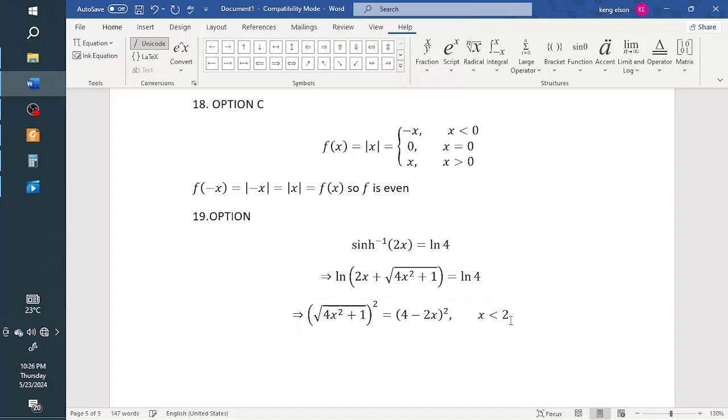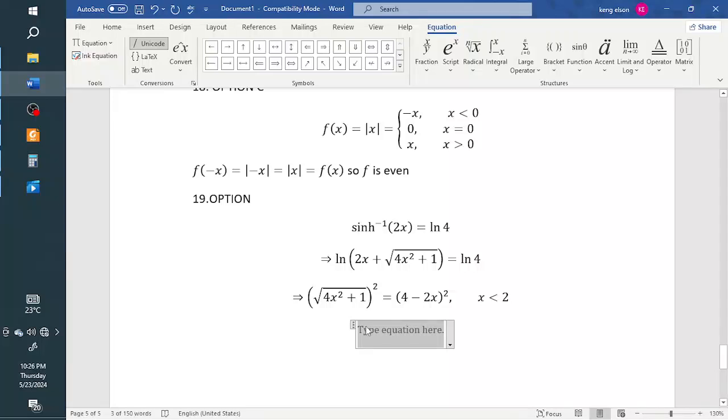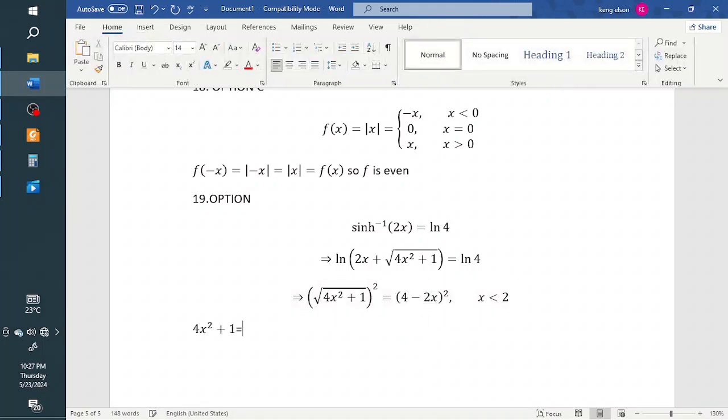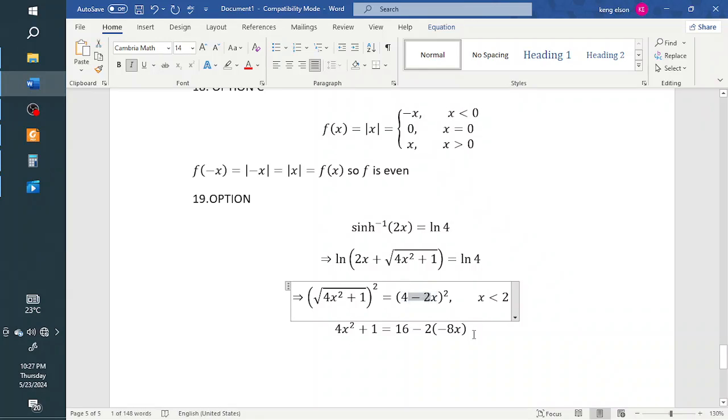Alright, now let us square. When I square the square root, I just have 4x squared plus 1. If I square the other side, I square 4 to have 16. I will multiply 4 and negative 2 two times, so I'll have 2 times negative 8x, because this will be 4 times negative 2, then negative 2 times 4.